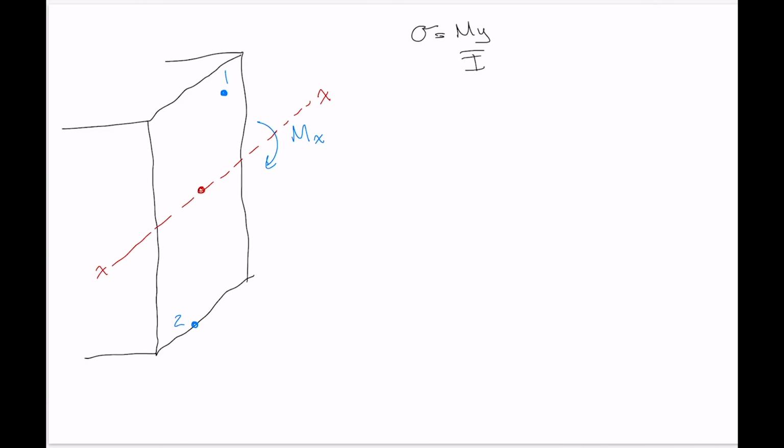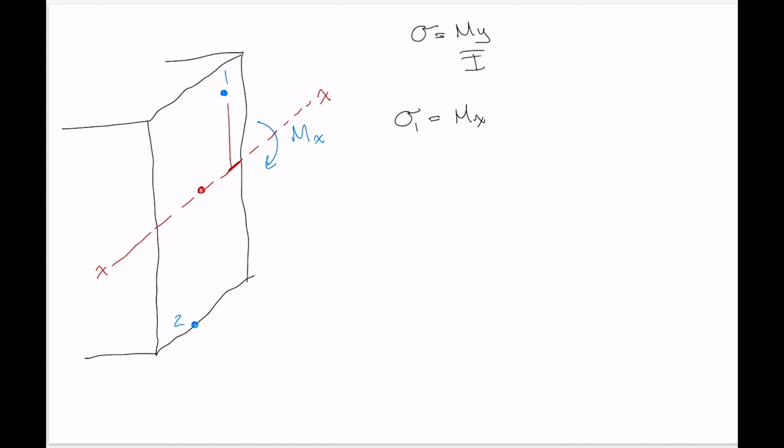Okay. So if we wanted to calculate the stress from internal moment Mx at point 1, then the internal moment in the equation that we want to use is M subscript x, and our distance y in this equation is always the perpendicular distance between the axis of your internal moment that you're considering, so that's the xx axis in this case, and the point of interest.